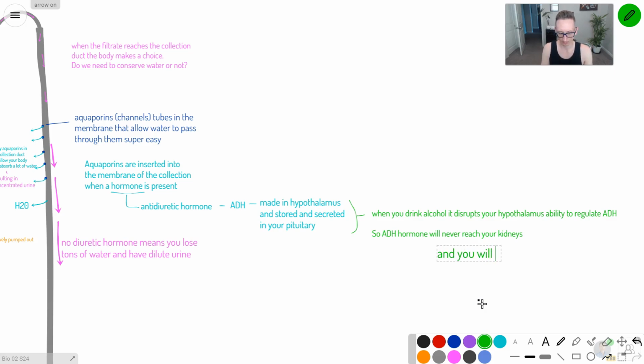And you will have a large volume of dilute urine. Note, if you ever do drink, look at that. You'll have very clear urine. It's very, very fascinating. Very interesting.